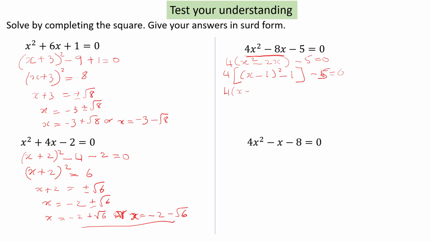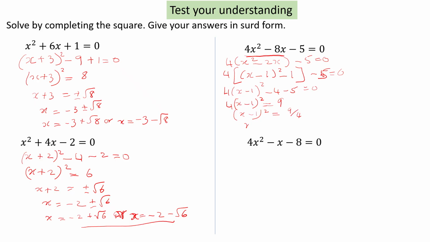So 4(x minus 1) squared minus 4 minus 5 equals 0. So 4(x minus 1) squared equals, I'm going to move it to the other side, 9. Then divide by 4 both sides. So (x minus 1) squared equals 9 over 4.